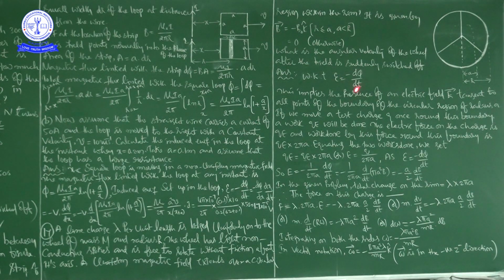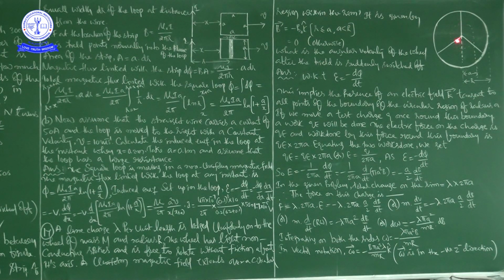Now, from Faraday's laws of electromagnetic induction, this implies the presence of an electric field E bar tangent to all points of the boundary of the circular region of radius small a. This is a small circle, the dotted lines, see here.